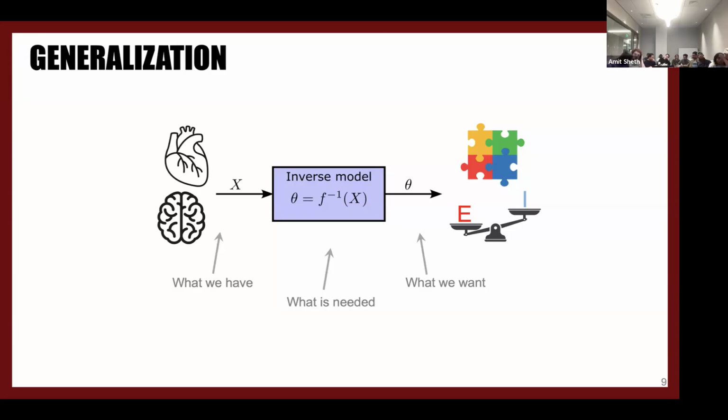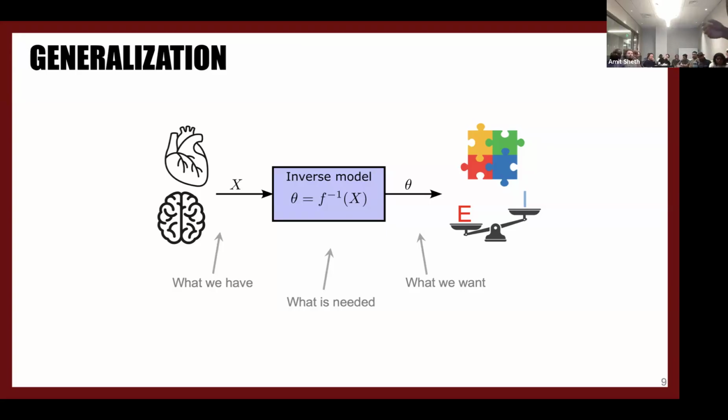Why I call it an inverse model is because it runs against the flow of causality. A direct model tends to run in the direction of causality. So if I have some mechanistic understanding of how a process generates data, and I change the parameter in these mechanisms, I'll impact down the line the resulting observation, right?